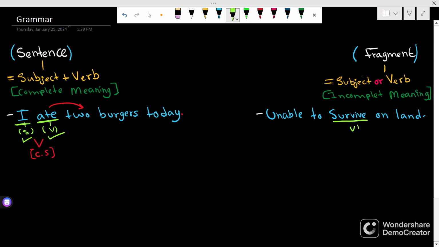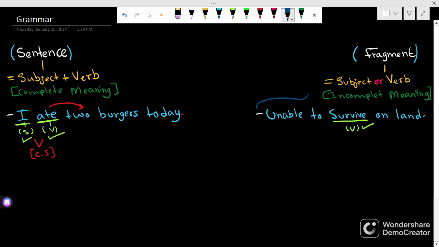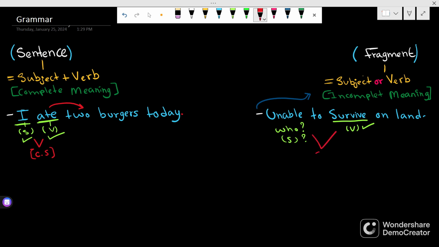But we don't have a subject. Who is unable to survive on land? So this sentence delivers an incomplete meaning. Why? Because we don't know who. So the subject is absent. Hence, this is a sentence fragment.